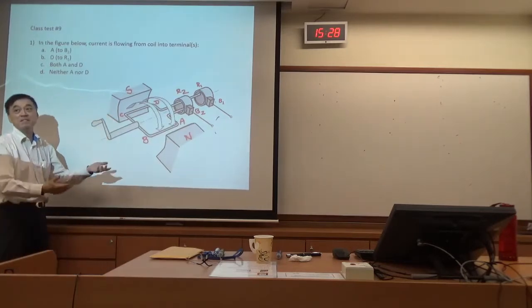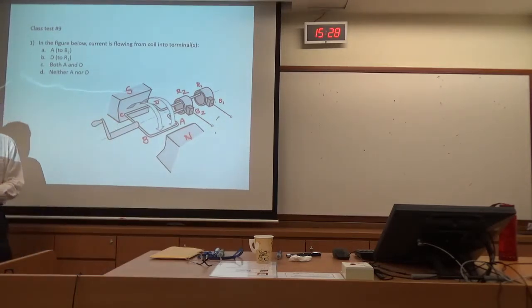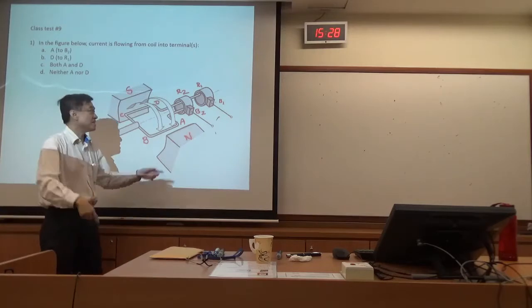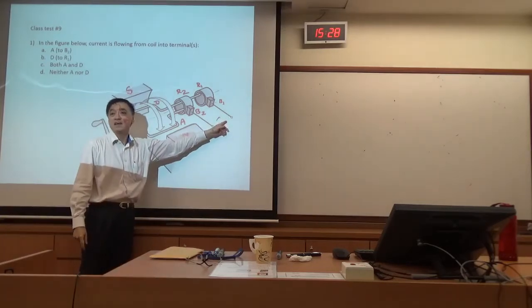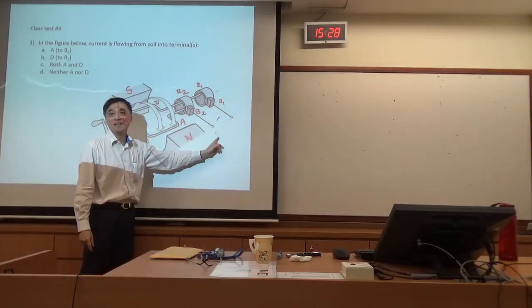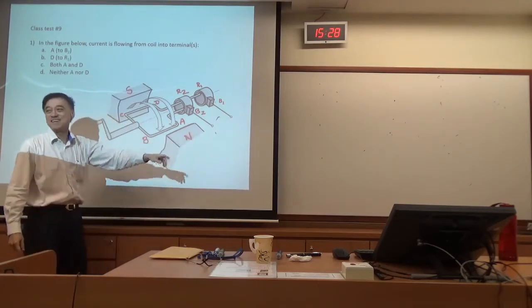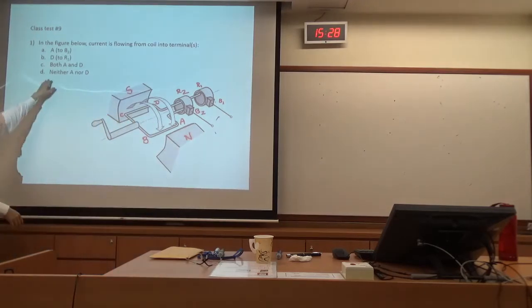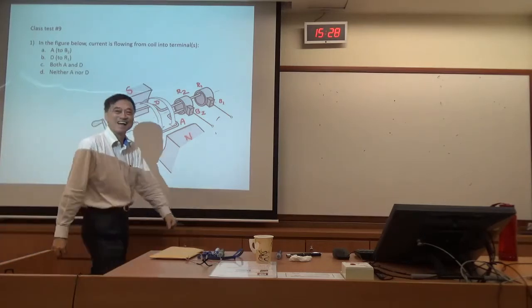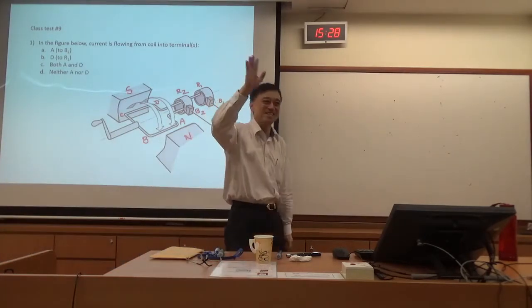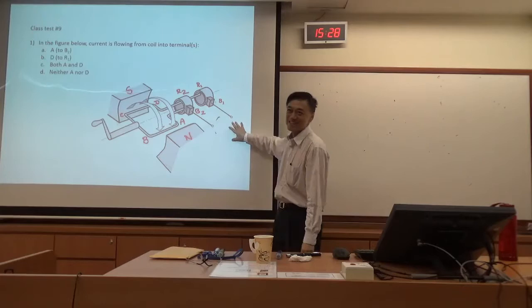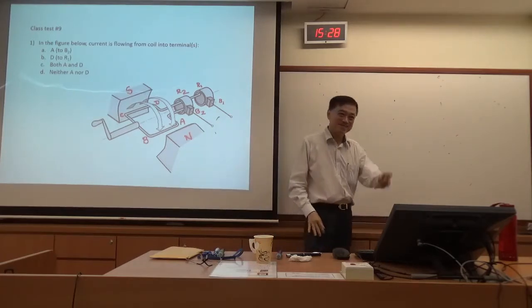And D means there's no current at all. Somebody just asked me, is the circuit closed or not? Yes, I'm not tricking you. I'm not playing tricks on you. It's not wrong. Just now somebody asked me.